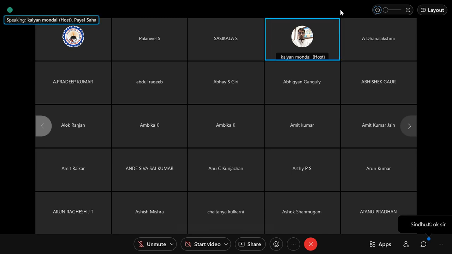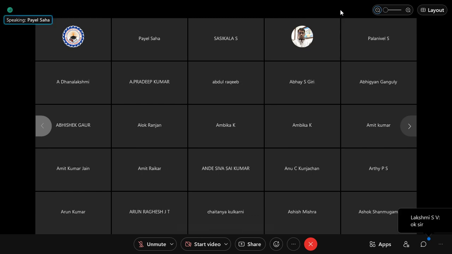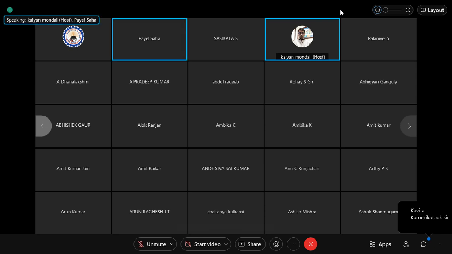Deepak, am I audible? Kalyan sir? Yes. Sir, is there any valedictory session which we have to rejoin later on? No ma'am, there is no valedictory session. And what about our certificates? Will they be uploaded on the ATAL website? No. The certificate will come directly from AICTE. So it will be reflected in our portal?